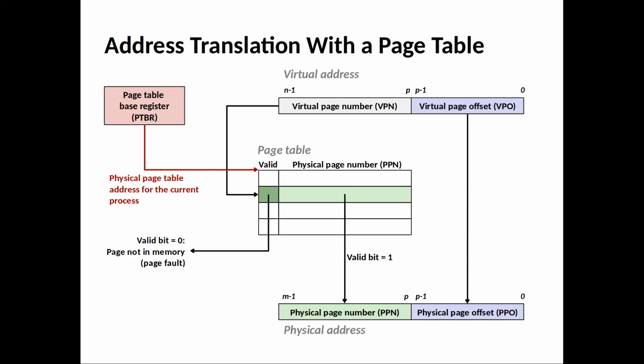Then you have an array of 4-byte entries, and the index into this array is the virtual page number. If my virtual page number is 1, I go to index 1 and read the corresponding entry of the page table at that location. So it's effectively an array of entries.